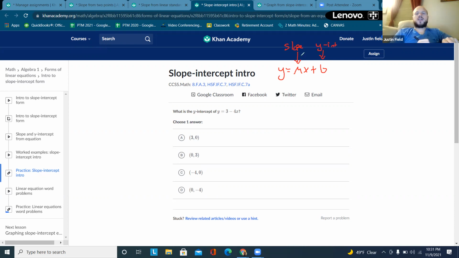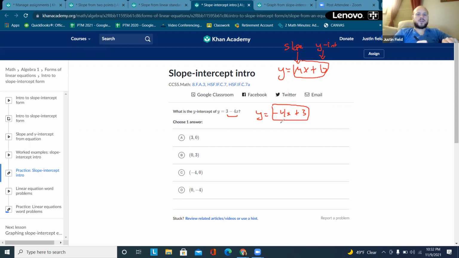And this is only when the equation is y equals, okay? And then if they try to fool you, you know, 3 minus 4x, you can rewrite it as -4x plus 3, right? So that it looks like this. Now we can see they look the same.